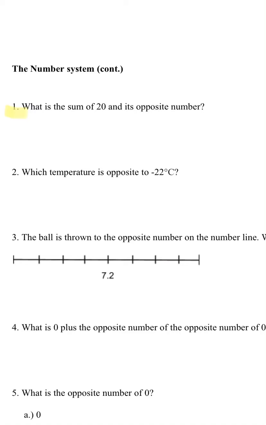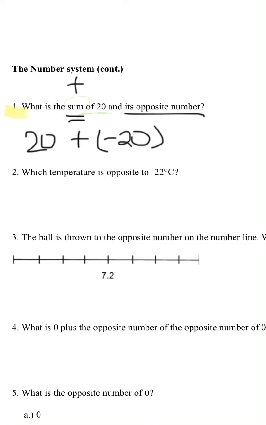So number 1 says, what is the sum of 20 and its opposite number. Okay. Well, sum means add, right? So then we would do 20 plus, and then its opposite number, which is negative 20, right? So then what is it? 20 plus negative 20.